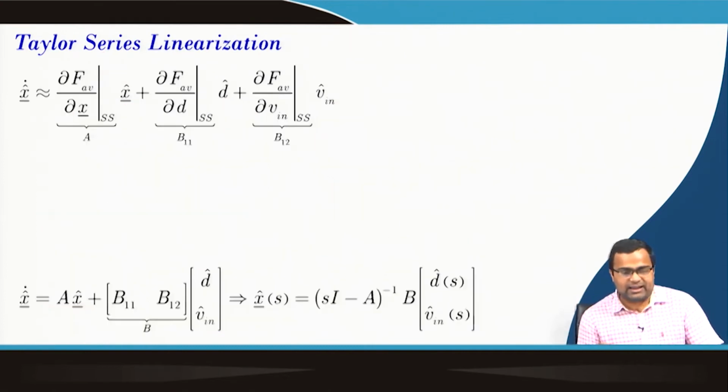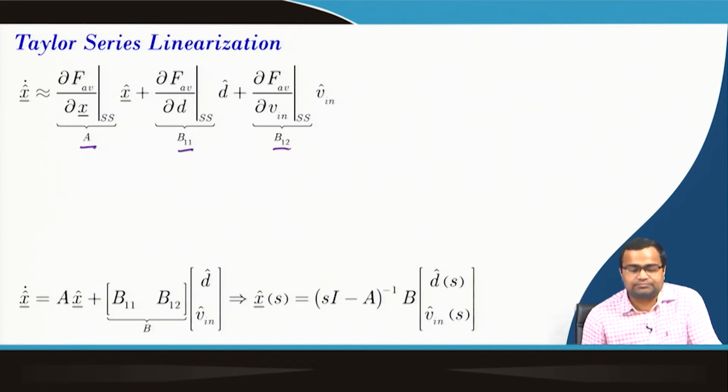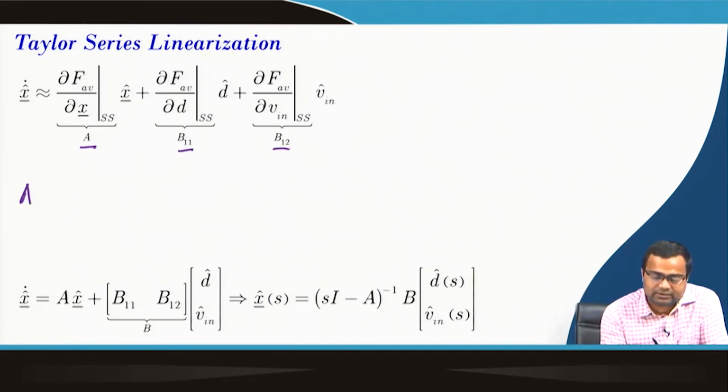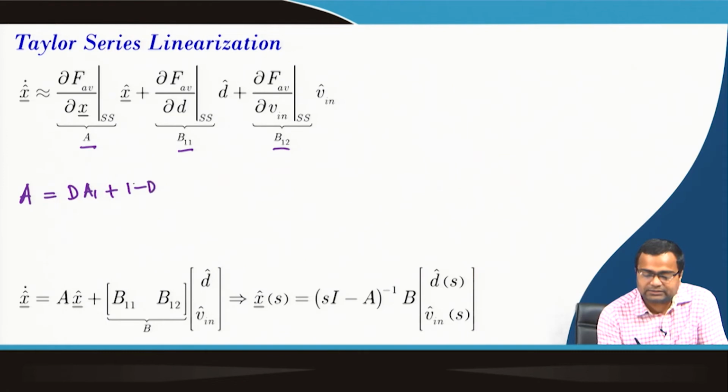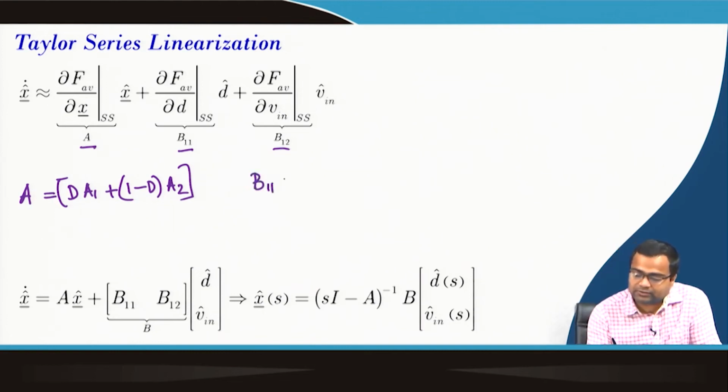So, that means, we can find this term A11. What is my A1? We found A equal to d into A1 plus (1 − d) into A2, that was our A1, correct. What was our B11?